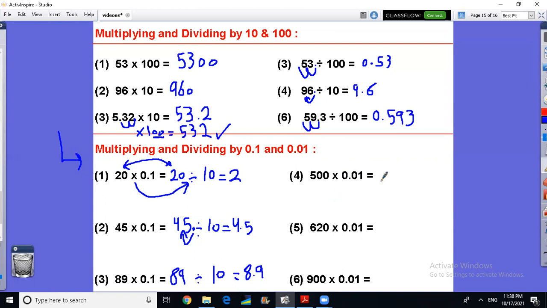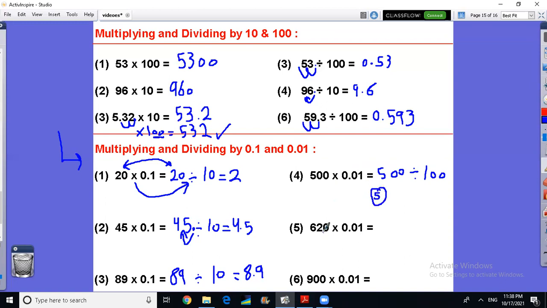500 times 100th. Well, it's the same as 500 divided by, I turned the multiplication into division. It's 100th, so I'm going to make it 100, which gives just 5.